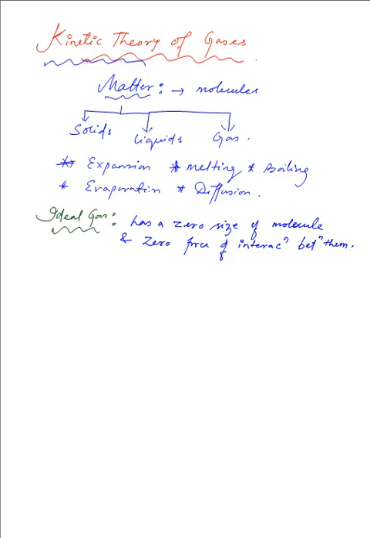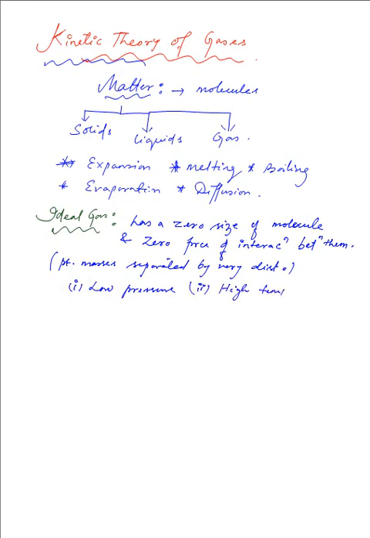Now, these concepts, however, nearly hold good if we are considering a gas consisting of point masses which are separated by very large distances. Then they will be nearly close to the ideal behavior, and this is possible at low pressure and at high temperatures.